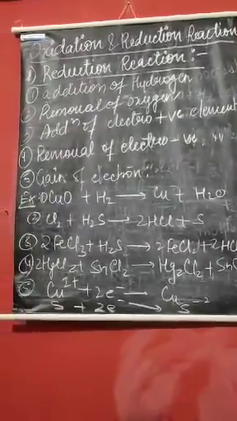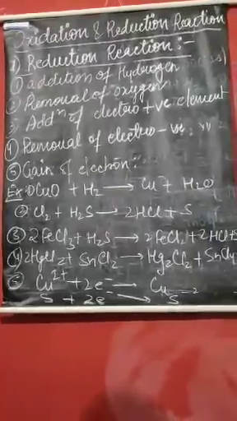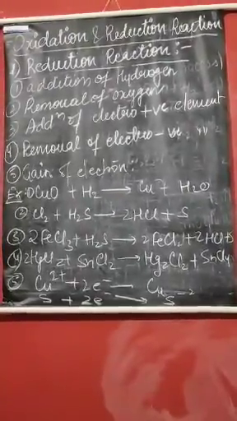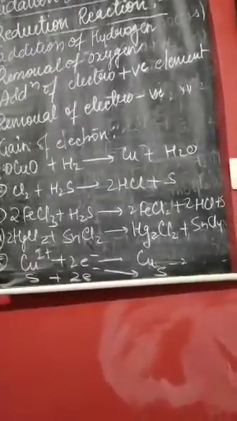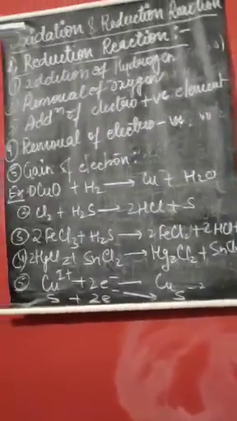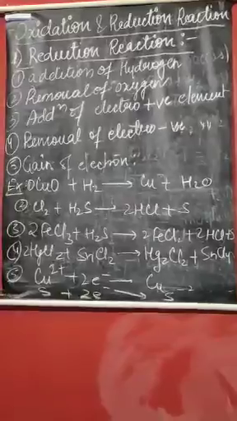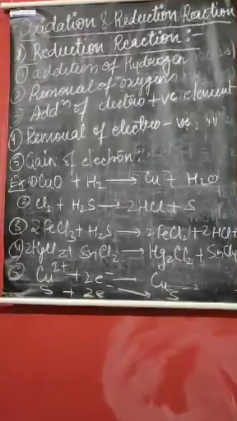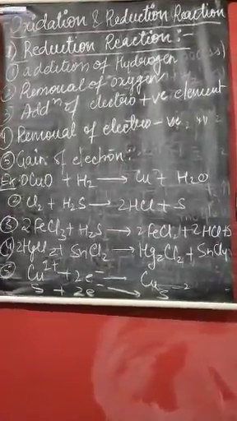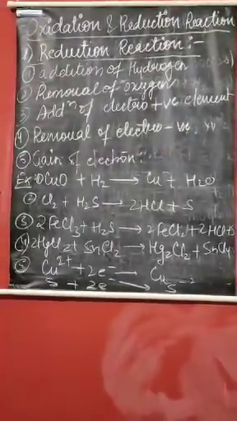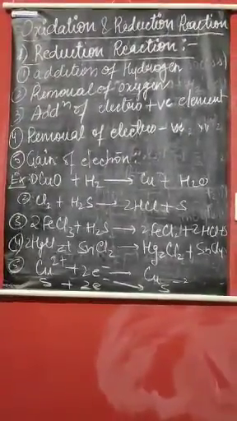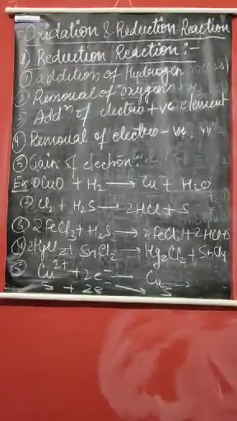So at the back of your book, just after this chapter, there is one chart of oxidation and reduction reaction where oxidizing and reducing reagents are given. You have to go through it once you read it, and then after, the question answers are given, the equation worksheet, you just go through the book and try to solve it. Further we will try to give you different equations to solve for your practice purpose.